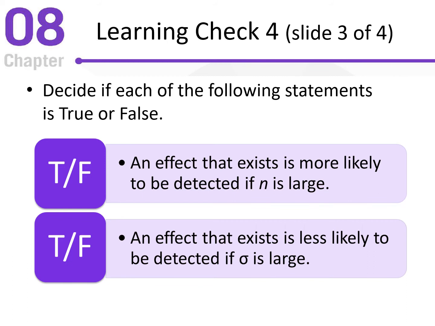Well, once again, if sigma is large, the standard deviation is large, your standard error is going to be relatively large, and you're going to have a smaller z-value, which is not good. So you want smaller standard errors. Smaller population standard deviations will lead to smaller standard errors, right? And you want bigger sample size, which leads to smaller standard errors. So true.